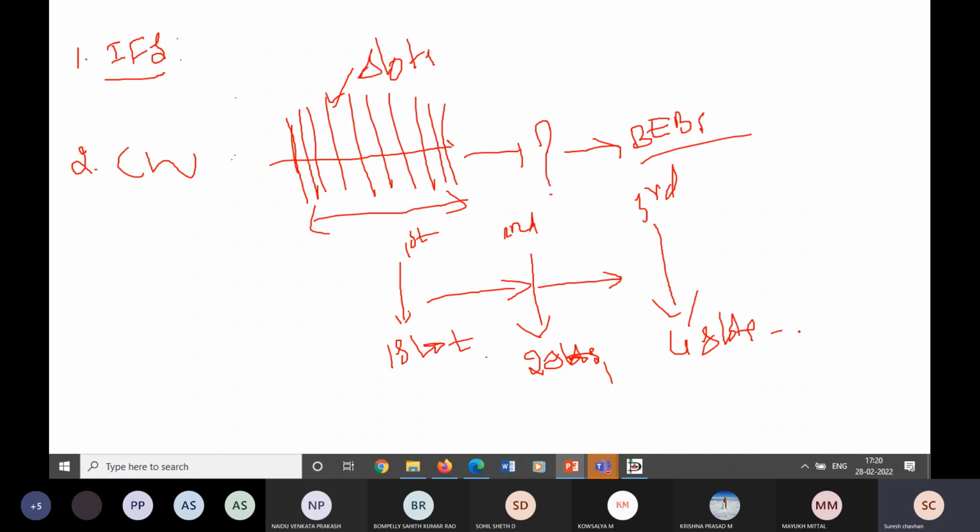Like this it will increase: 4, 8, 16, 32, 64, 128, until the number of transmission attempts reaches the constraint, which is 16 or 12. Till that constraint, it will keep trying to transmit the information. So this is the contention window.